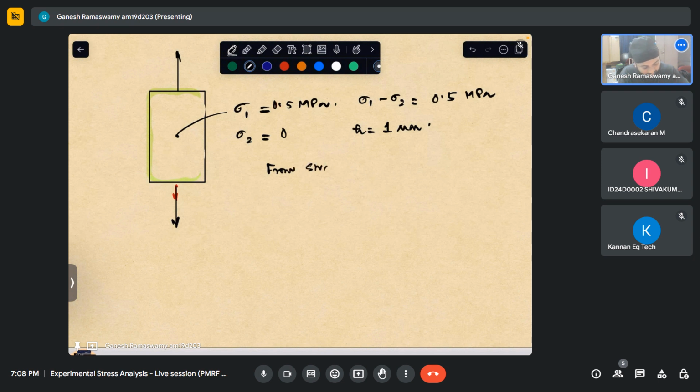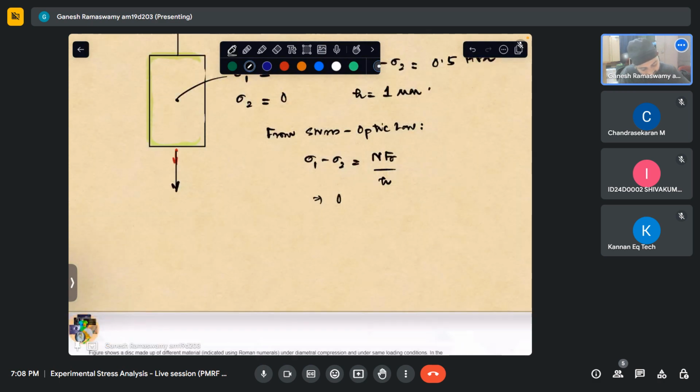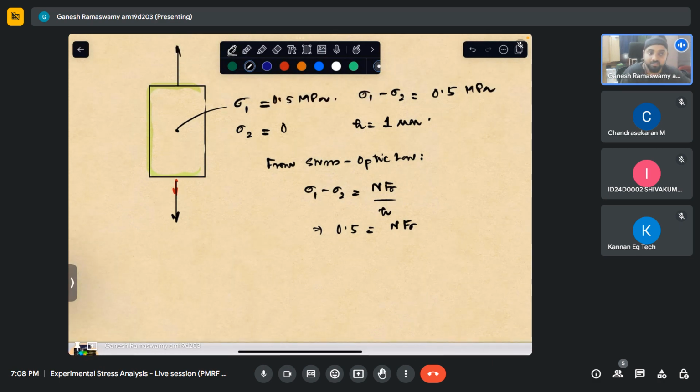So from the stress optic law, which says sigma 1 minus sigma 2 is nothing but n f sigma by h or t, whatever. So here 0.5 is nothing but n f sigma by 1. So it is n f sigma. And f sigma for this material is constant, let us say.